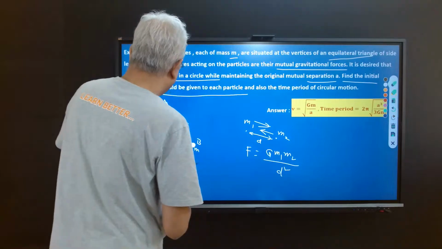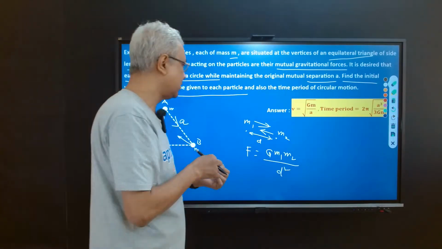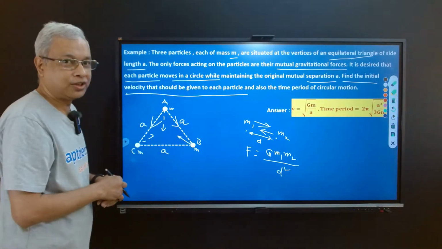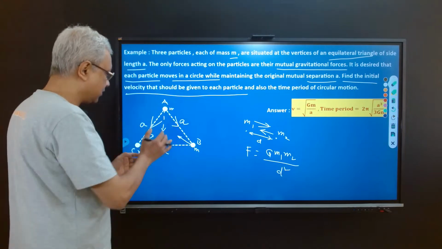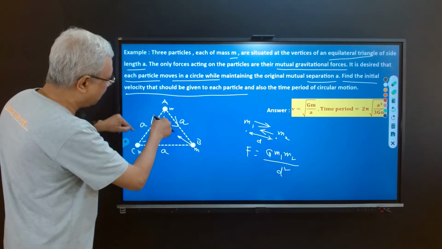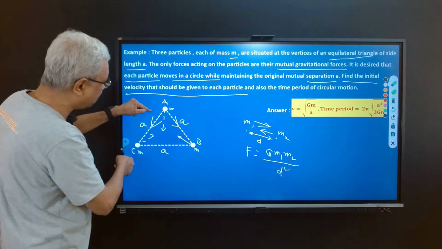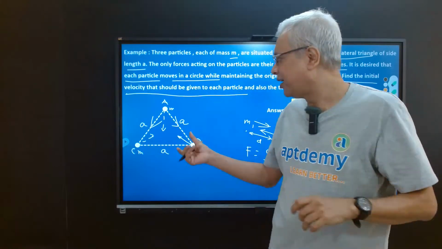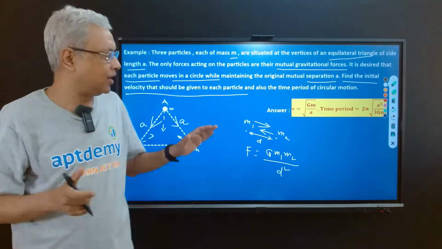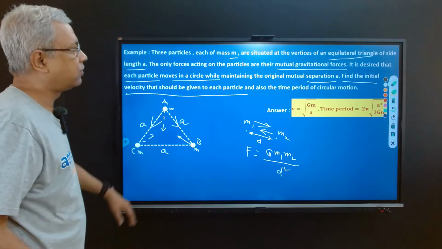We want these particles to execute a circular motion while maintaining their relative position. That means even when they are displaced, they maintain the condition of an equilateral triangle, so the separation between them remains intact. This is fundamental.